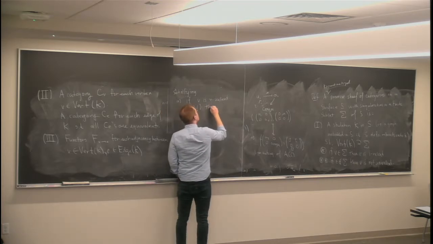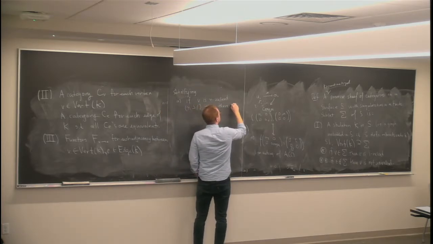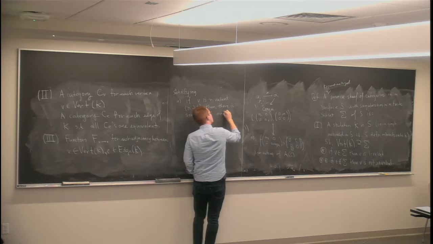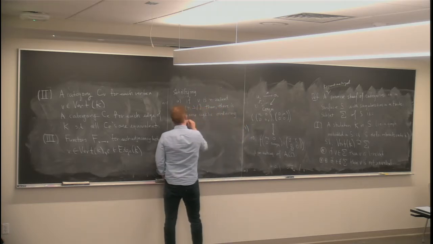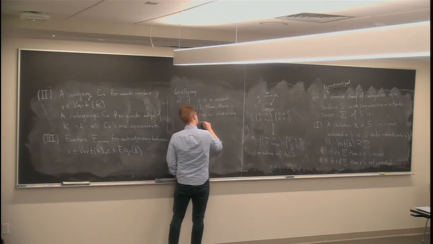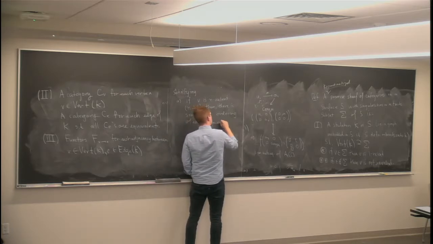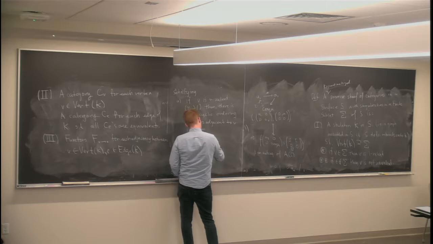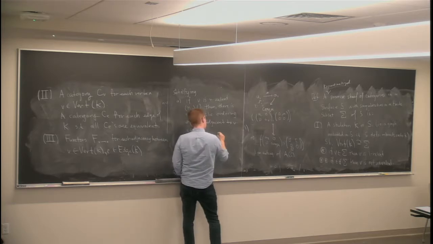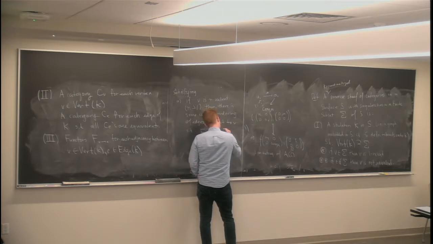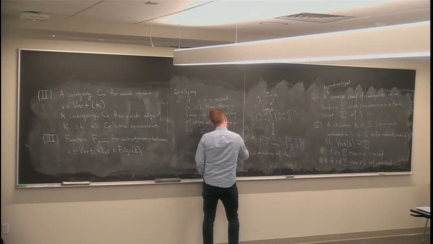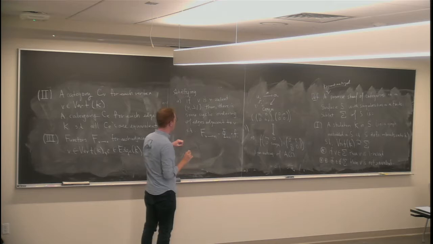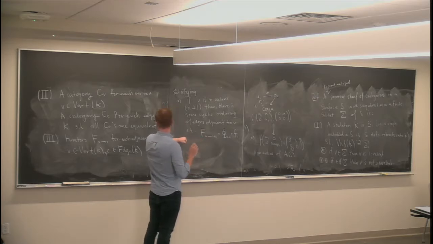Then there is some cyclic ordering of the edges adjacent to B such that F_{V→E_i} is equal to phi_{E_i} composed with some F_i. The F_i were what I defined before. They were projection onto, oh, wait.